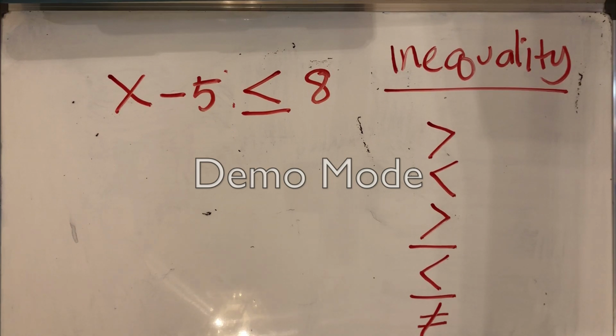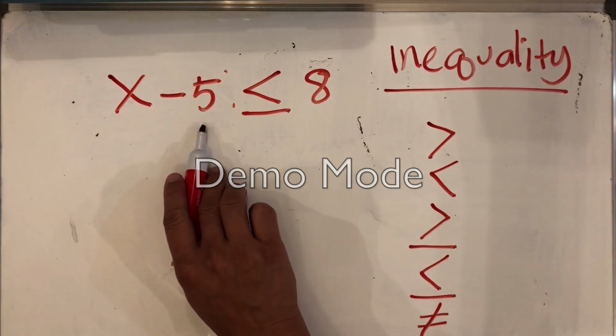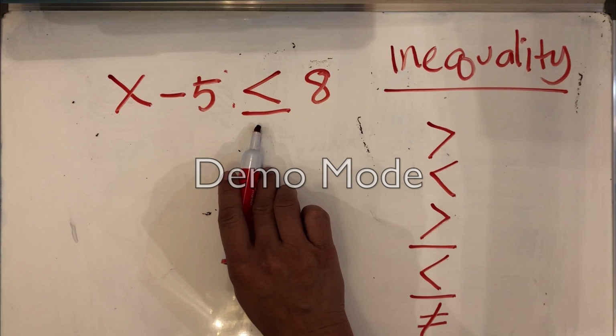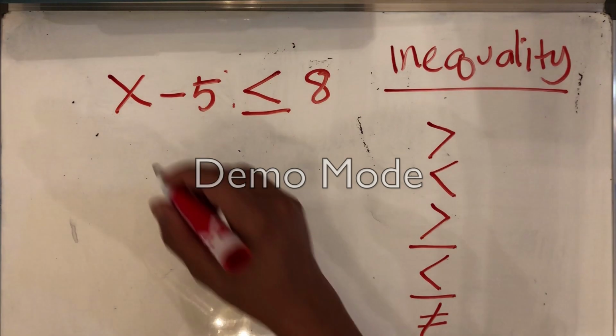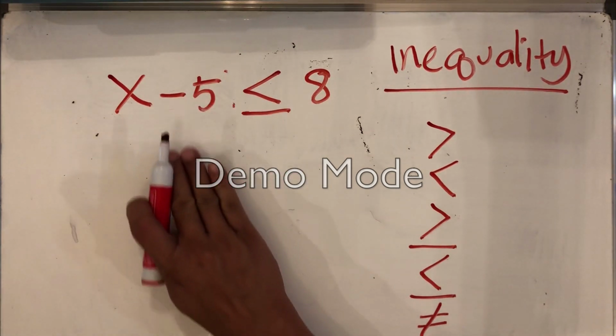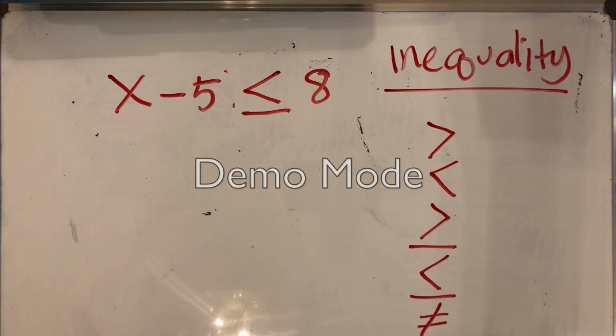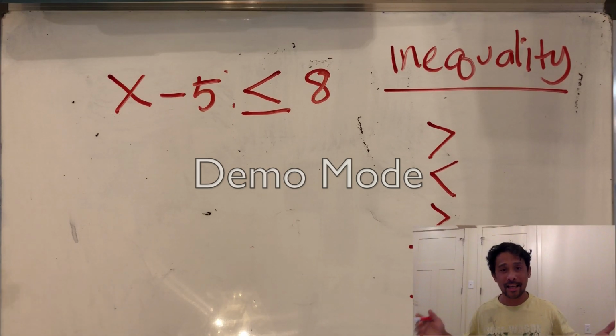What I have here is x minus 5 is less than or equal to 8. To solve for the inequality, still it is the same. We have to isolate x, make x all by itself. So I have to get rid of -5. I get rid of -5 by adding +5.